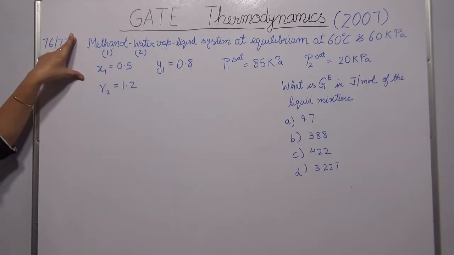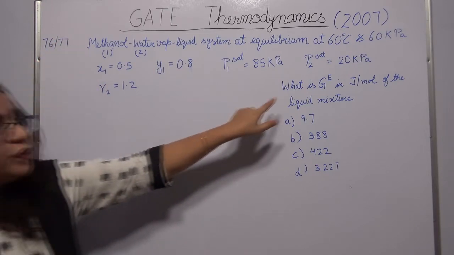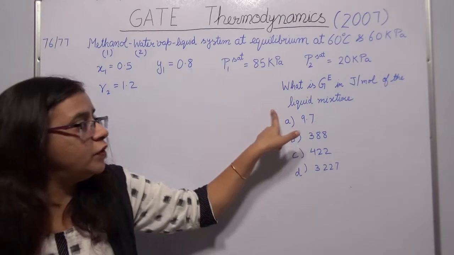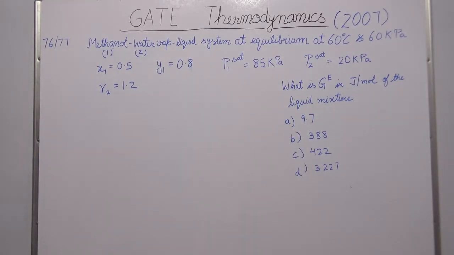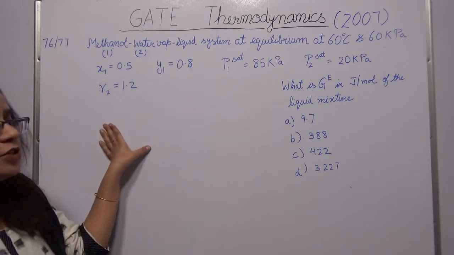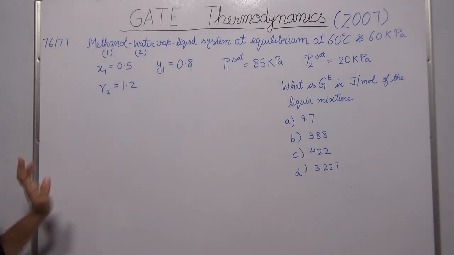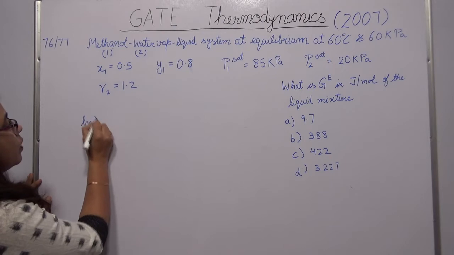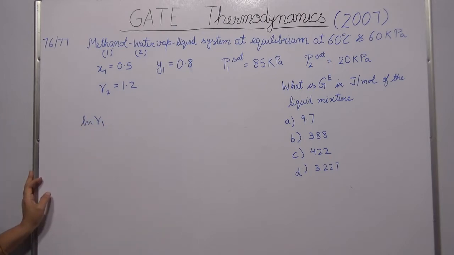With the same data set, they have asked you another question: you have to find out the excess Gibbs free energy in joules per mole of the liquid mixture. For this you just need one equation, which is that ln gamma 1 is a partial molar property with respect to GE by RT.